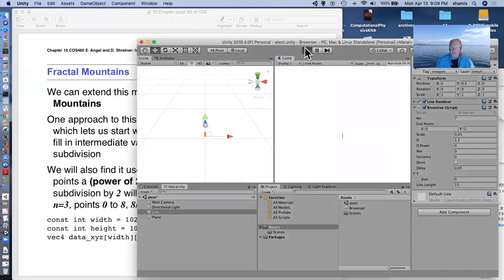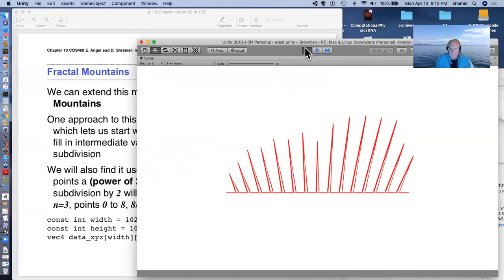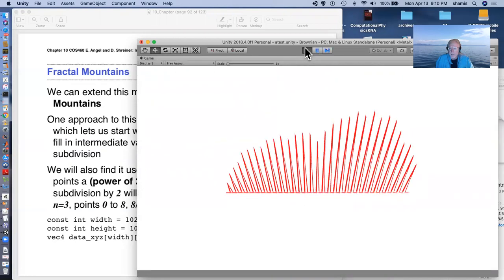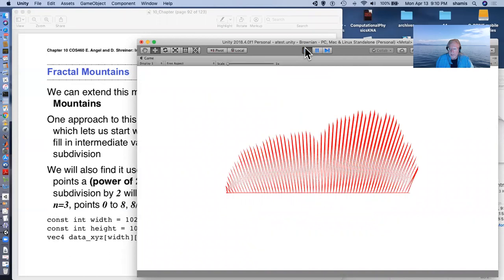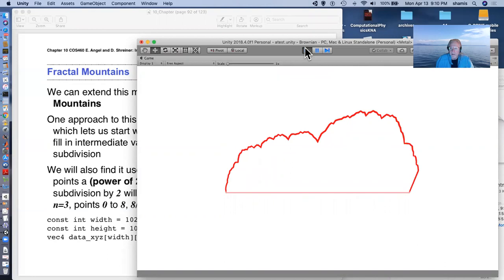I kind of got tired of doing it in WebGL, so I did it in Unity, but here's Unity generating a randomly generated skyline with that subdivision algorithm.